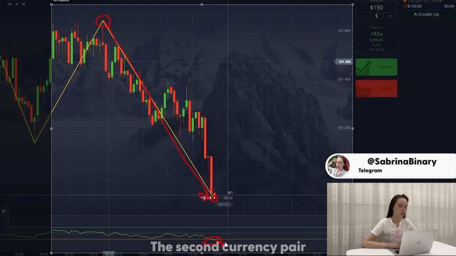So let me tell you more about the RSI indicator. The RSI indicator is one of the most common technical analysis oscillators. This tool helps to track the dynamics of price changes relative to previous values. The RSI indicator makes it possible to identify overbought and oversold points of the market, when the price should turn around and give rise to a new trend.